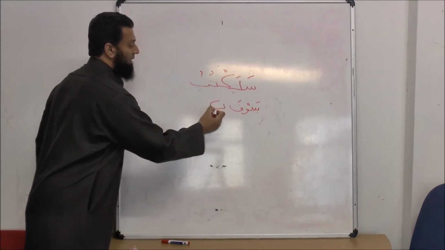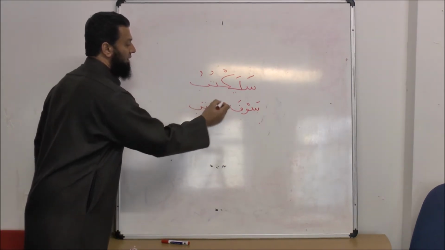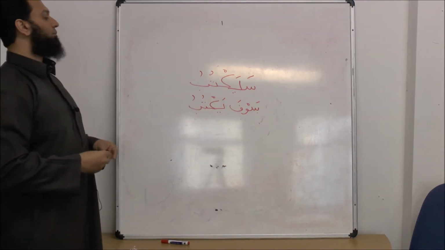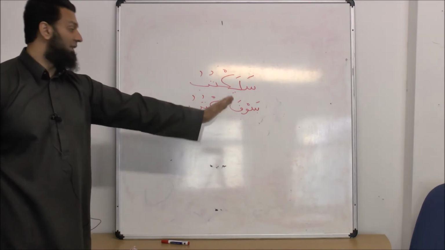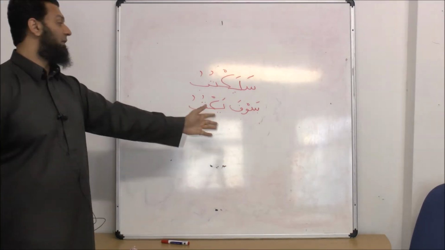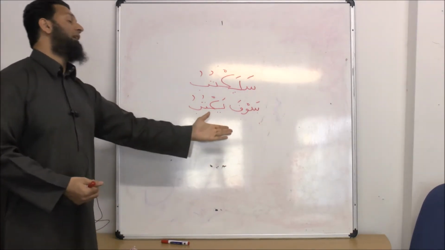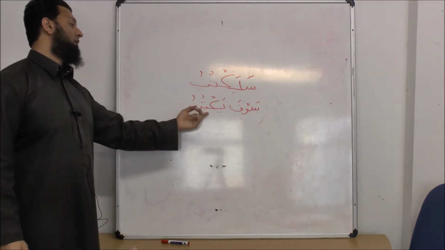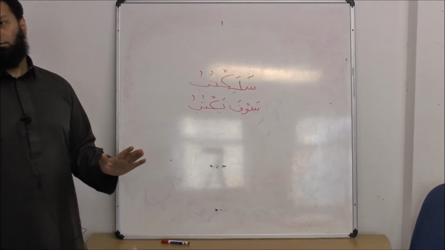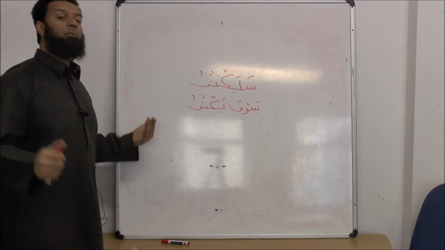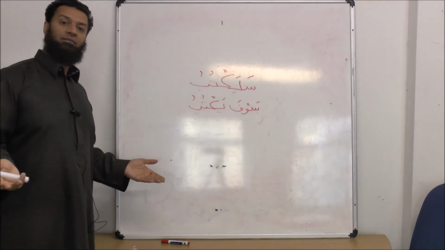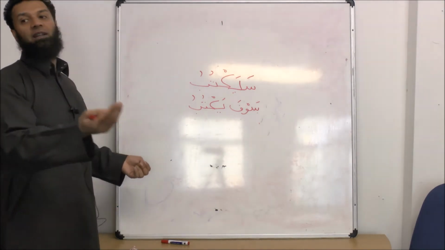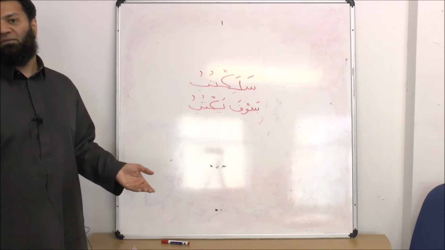Sawfa yaktubu. So this is easier because sawfa, as you can see, is not part of the verb, it's not connected. So whenever we see sawfa before a fi'lul mudari', okay, what meaning does it give us? Future, right? Also will, it relates to the future.